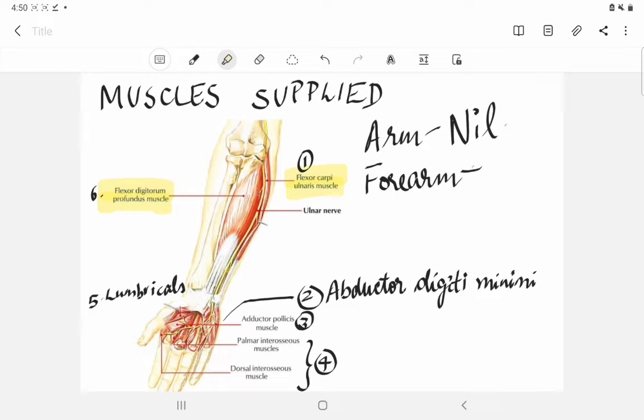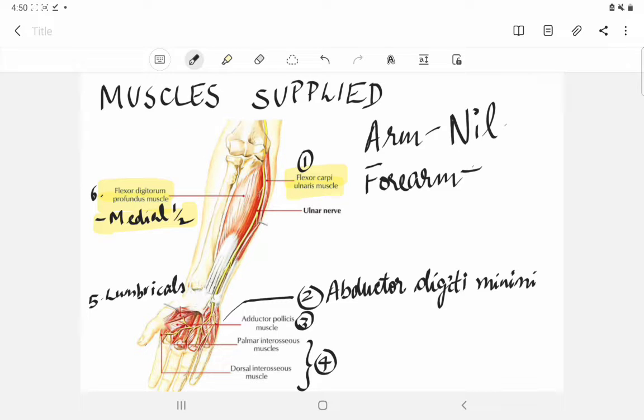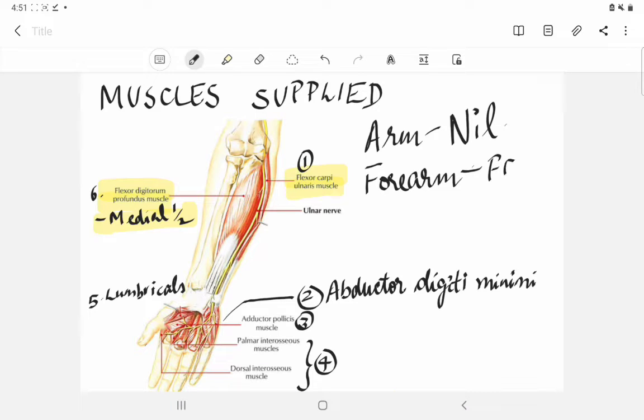The ulnar nerve supplies the medial half of the flexor digitorum profundus. That is something we must remember, because the lateral half is supplied by the median nerve. So once again, in the forearm, it's the flexor carpi ulnaris muscle and the medial half of the flexor digitorum profundus muscle.